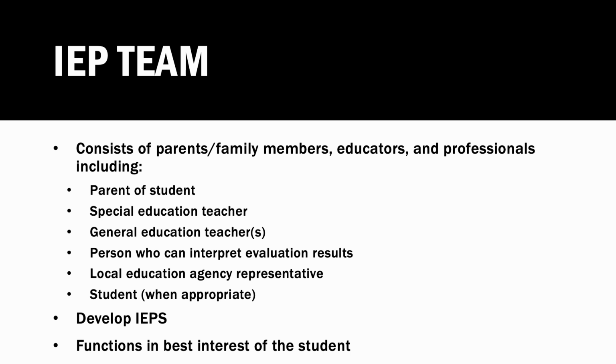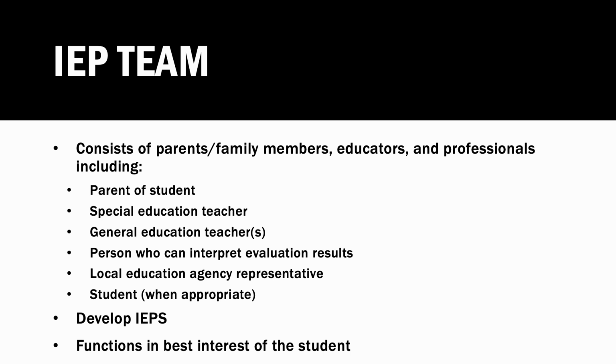So continuing that conversation of that team approach, this slide we're going to talk all about the IEP team. So the members of an IEP team can include parents and guardians of the student, the special education teacher, 1 or more general education teachers, a local education agency representative, or a person who has the authority to commit and give necessary resources, a person who can interpret the evaluation results.